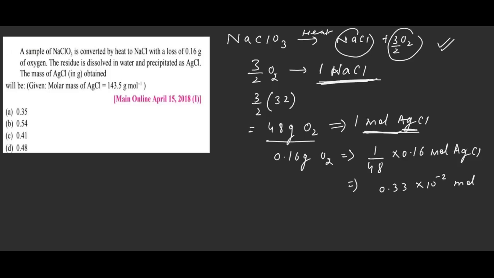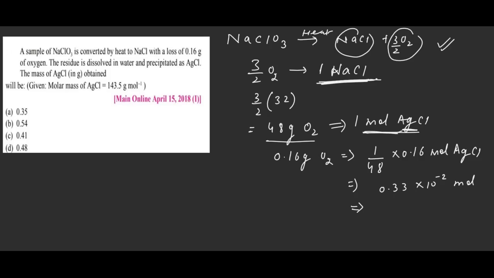But in the question, I am not just asked to calculate the moles of AgCl. Rather, I am asked to calculate the mass of AgCl. So how will you convert the moles into mass? You will convert it by multiplying it with the molar mass. I hope you all know that when we multiply the molar mass with the moles, we get the mass of the compound.